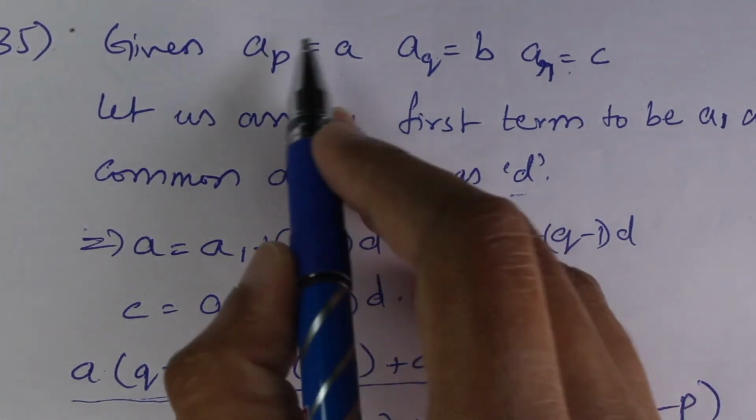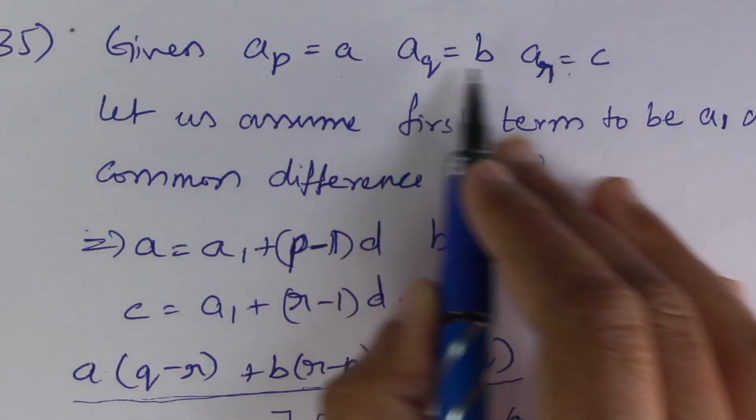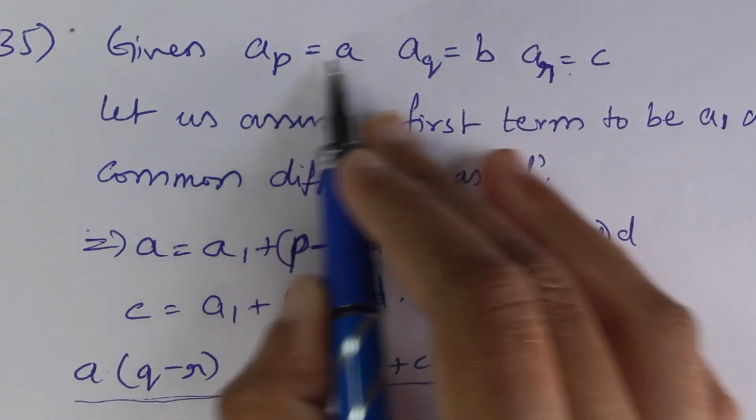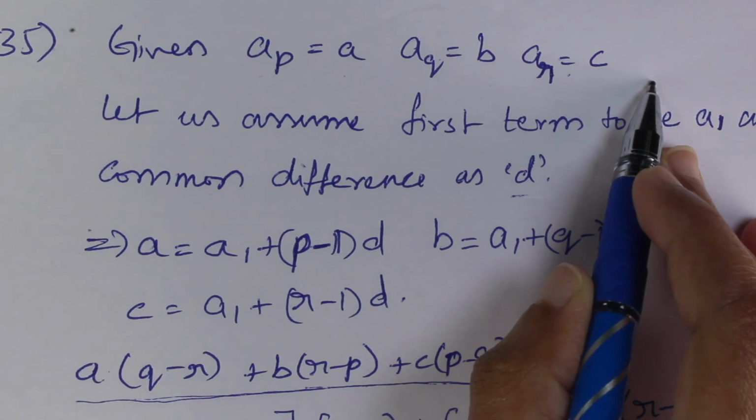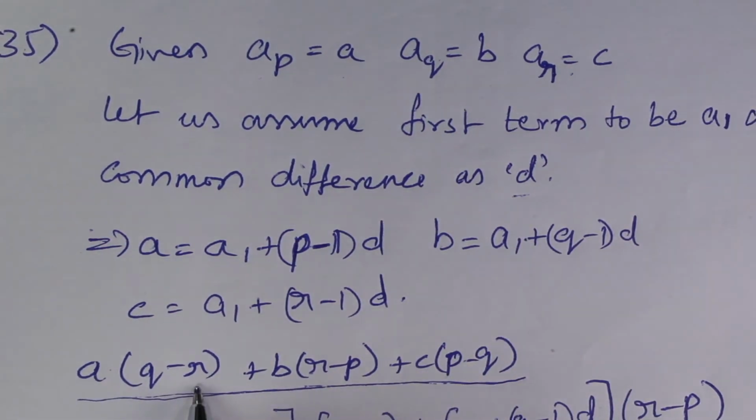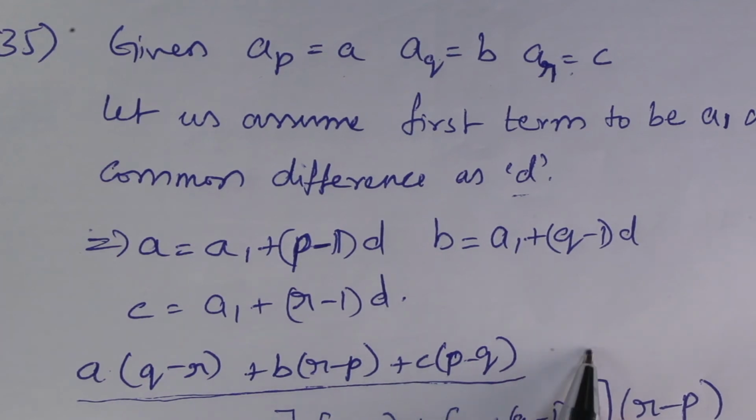He has given three terms in an arithmetic progression, AP, AQ and AR, that is the pth, qth and rth terms, as A, B and C respectively. Now we have to show that A into (Q minus R) plus B into (R minus P) plus C into (P minus Q) is equal to 0.